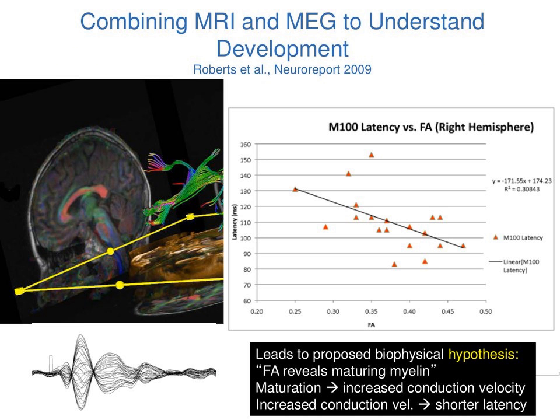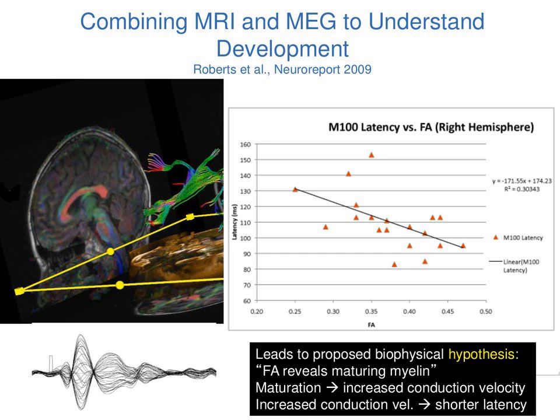And by combining that with the diffusion imaging, the fibrousness imaging that we showed before, we were able to suggest that, in fact, the quality of the white matter connections indeed did lead to the timing of the cortical response, even in a fraction of a second.